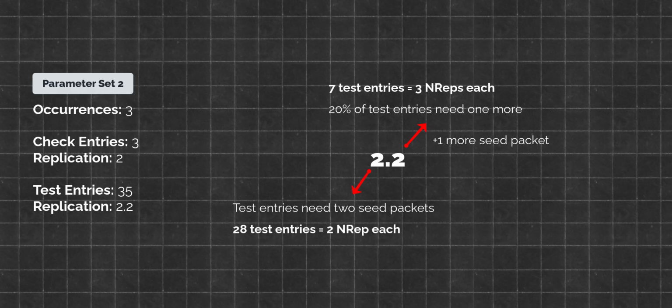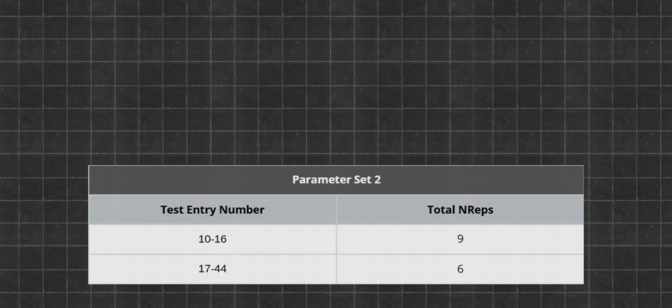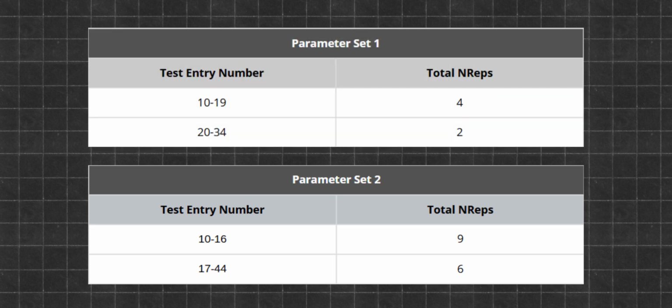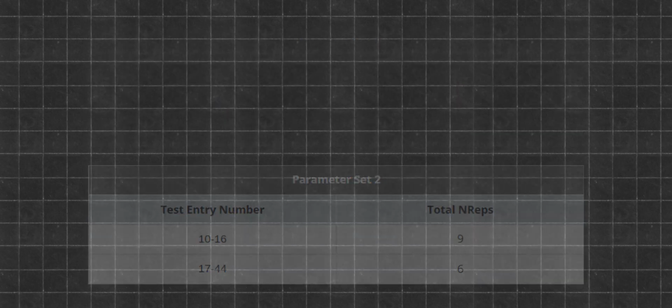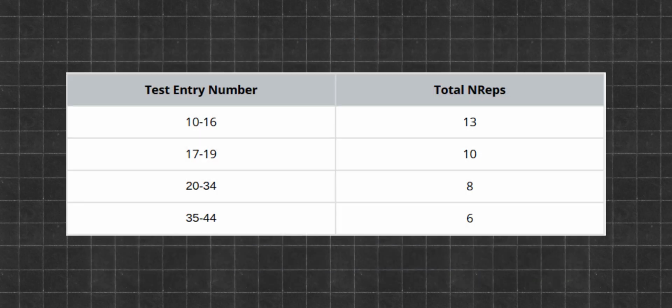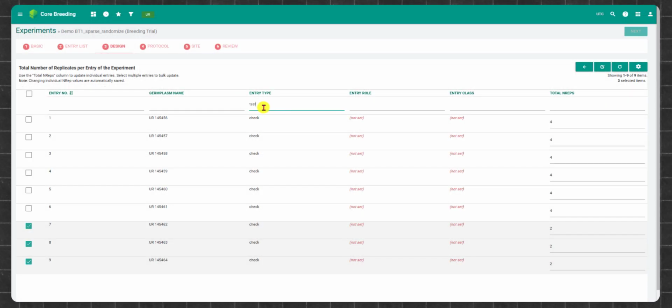But because parameter set 2 has 3 occurrences, we multiply the NREP values by 3. In summary, we have these total NREP values for test entries in parameter set 2. Adding these to parameter set 1, we have these total NREP values for our test entries. Let's go ahead and supply these details in EBS.